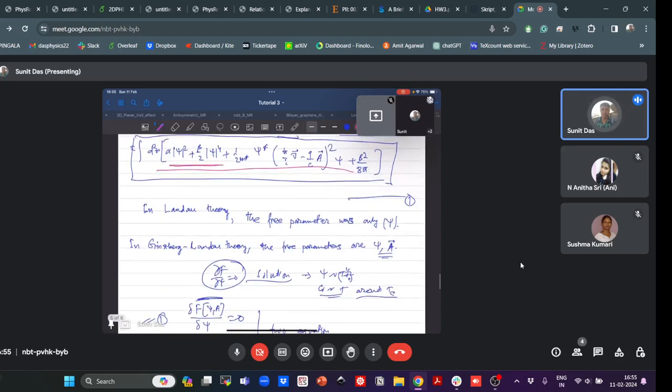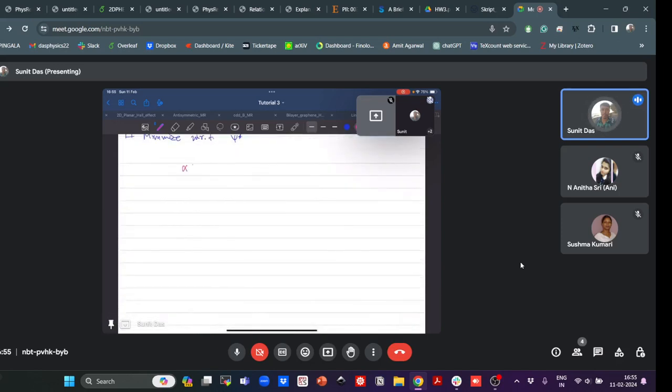This will be similar to what we have seen in the Landau theory. So let's write alpha psi plus beta |psi|^2 psi. I'll explain how this comes. And then 1 by 2m, equal to 0, right?